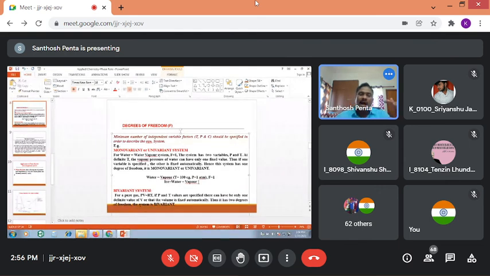That means all the three phases are existing in equilibrium. So what are the conditions? 0 degrees Celsius and 4.58 mm of Hg. That means temperature is 0 degrees centigrade, pressure is 4.58 mm of Hg.